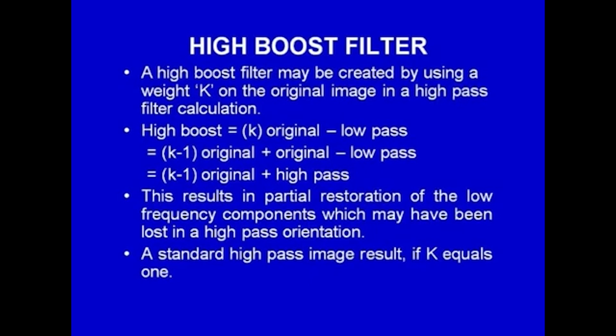That is, high boost is equal to k times the original minus a low pass, which can be said to be k minus 1 times the original plus original minus the low pass, which can then be simplified to k minus 1 times the original image plus high pass. This results in partial restoration of the low frequency components, which may have been lost in a high pass operation. A standard high pass image results if k equals 1.